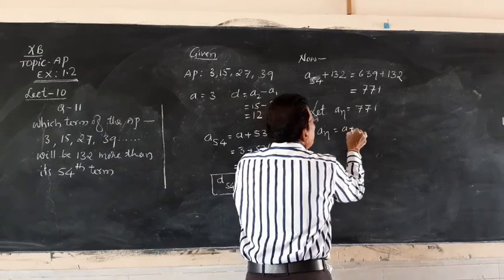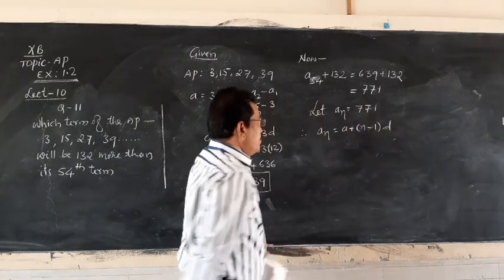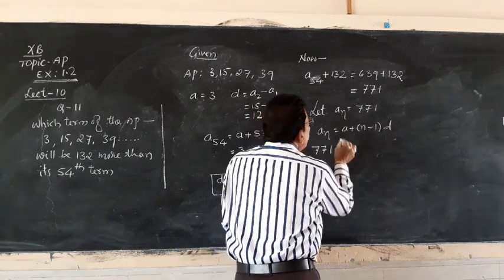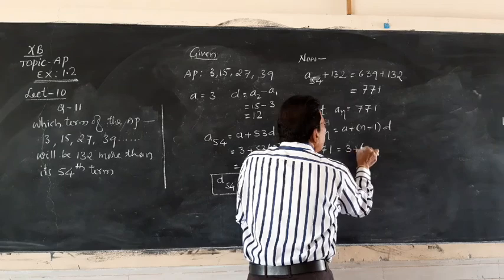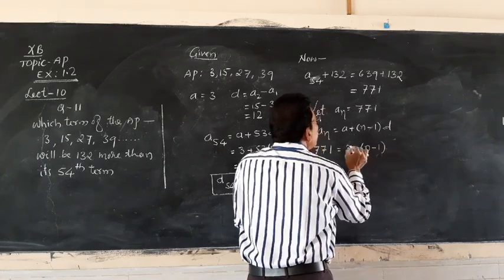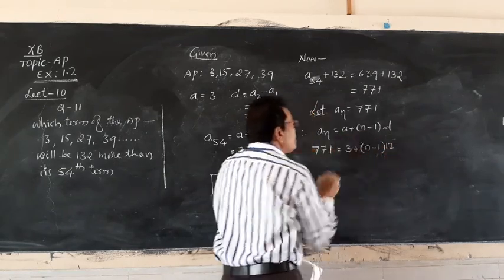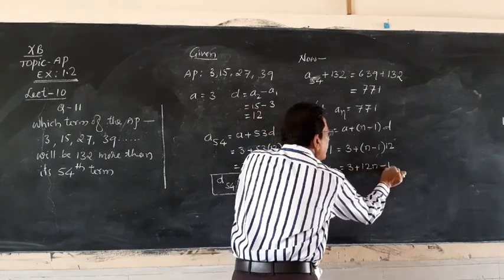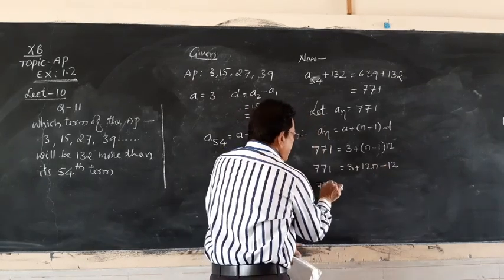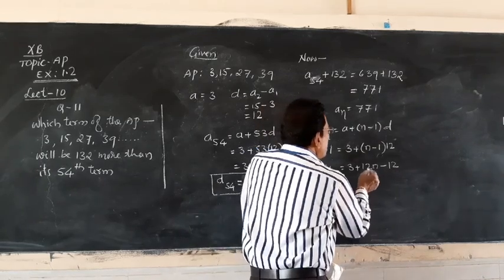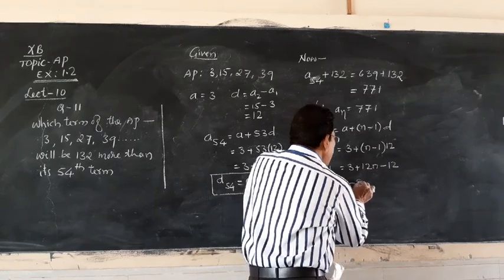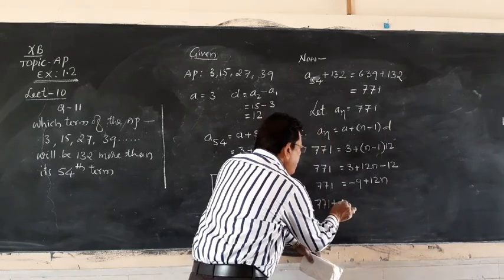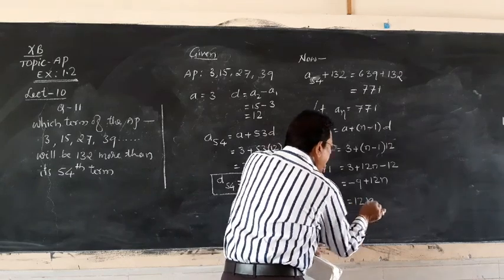Therefore An equals A plus n minus 1 into D. They have given 771. A is 3, plus n we don't know, n minus 1, and D is 12. So 771 equals 3 plus 12n minus 12. 771 equals 3 minus 12, that is minus 9, plus 12n. 771 plus 9 equals 12n.